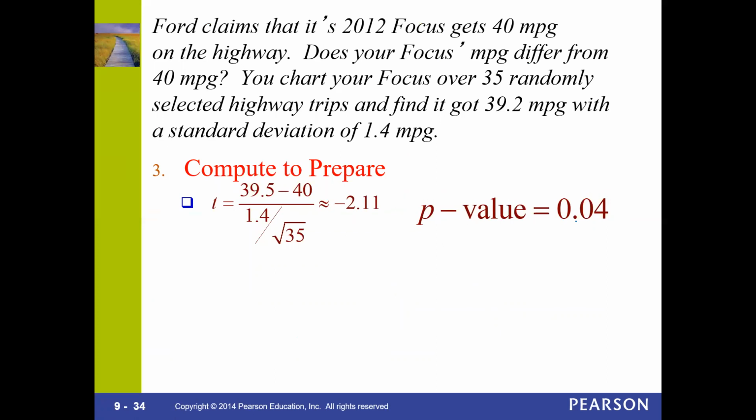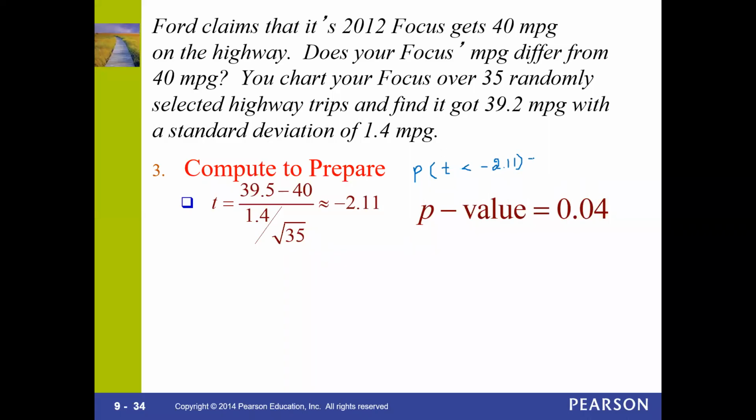Now the p-value is 0.04. How did you do that? So suppose you're doing it by hand, how do we get the p-value? In fact, because this is a negative, this is how you do it. You're going to say p, and then you can say t less than negative 2.11.